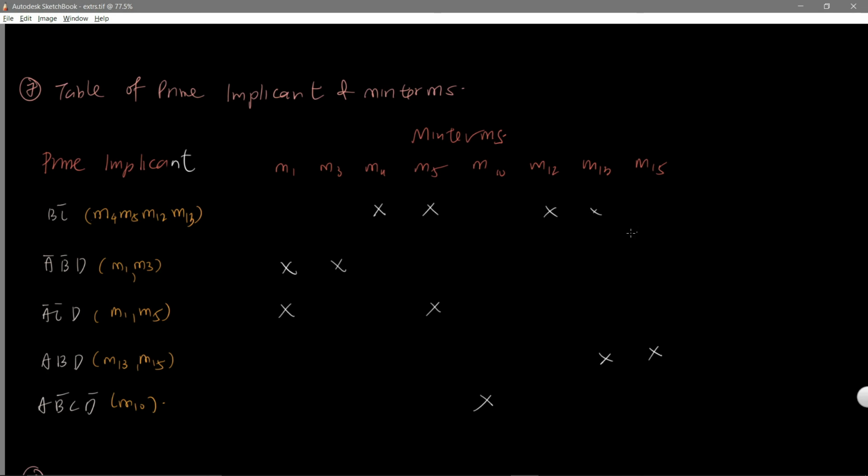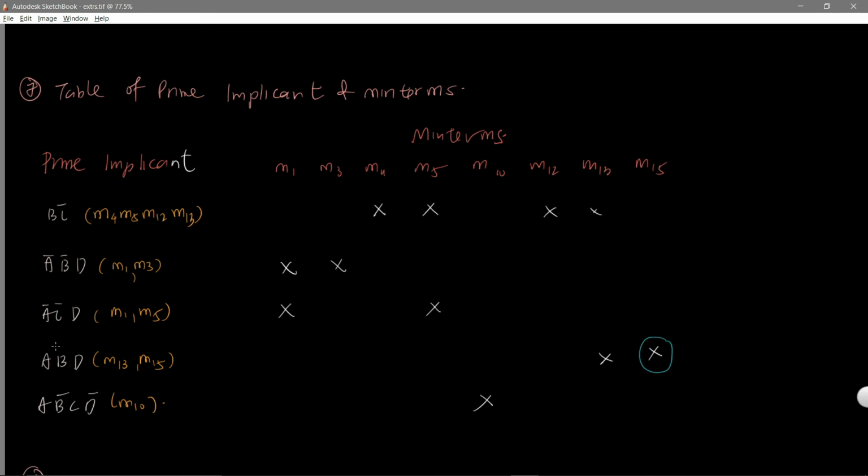Alright, so now how you find the unnecessary term is to see if a minterm is expressed by multiple or only one prime implicant. What I mean by this is that you can see that M15 is only represented by one prime implicant.